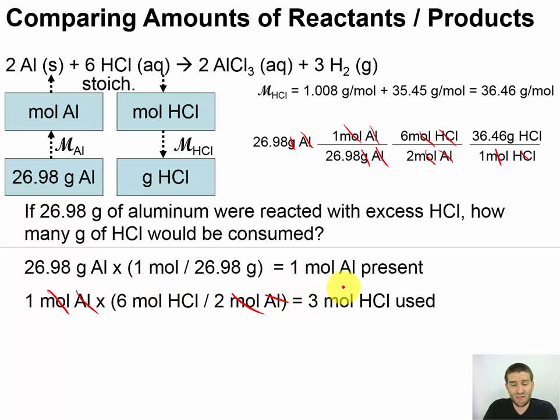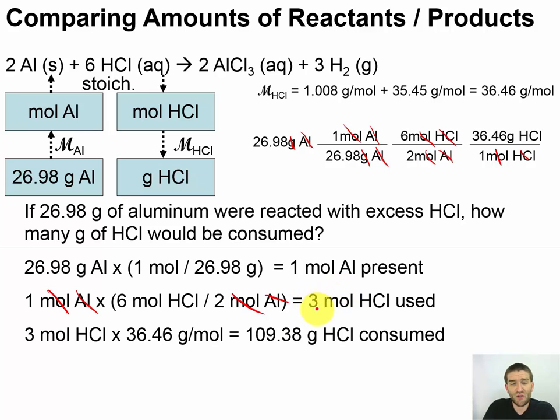So 3.000 moles of HCl are used. Then I'll use my molar mass to convert from my 3 moles of HCl into grams. And that'll give me 109.38 grams of HCl. We're at 4 sig figs, so we'll chop it off right there. So my final answer would be 109.4 grams of HCl would be consumed. That's how we'll put together these pieces of one of these problems.